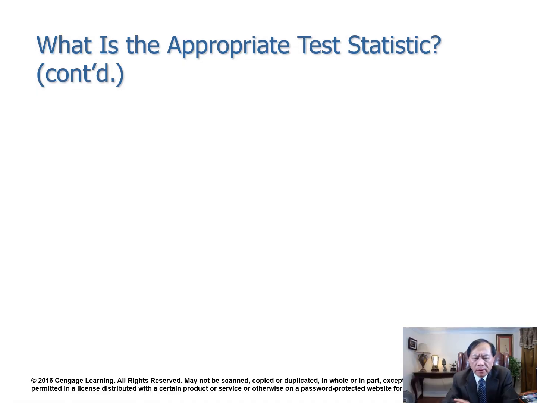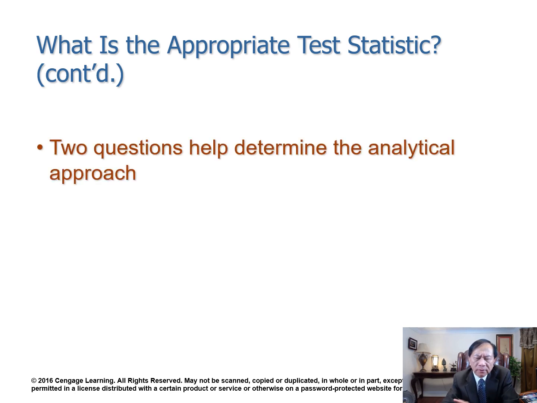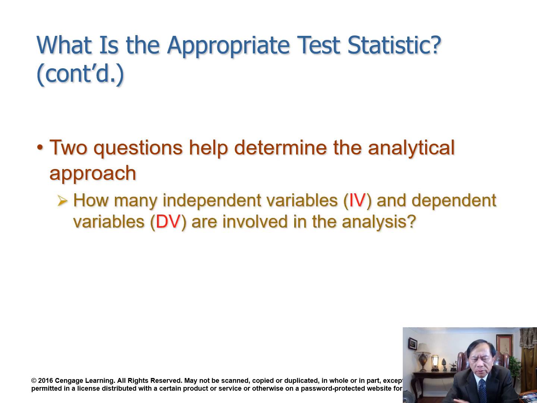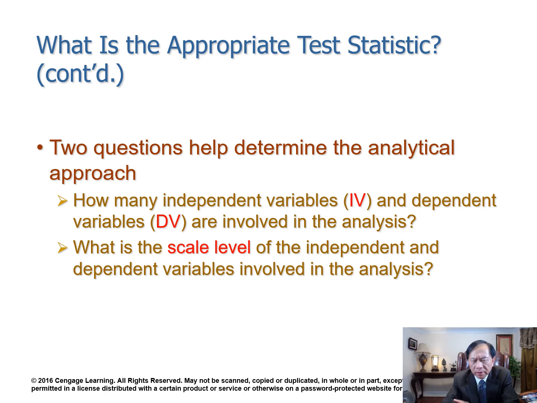Two questions help determine the analytical approach. First, how many independent variables, IV, and dependent variables, DV, are involved in the analysis? Second, what is the scale level of the independent and dependent variables involved, the level of measurement that we talked about before?